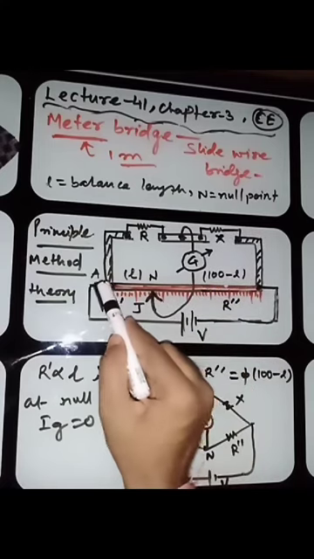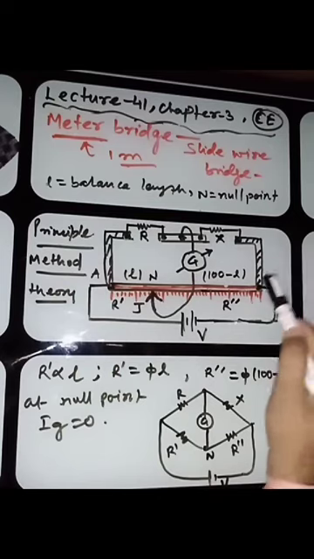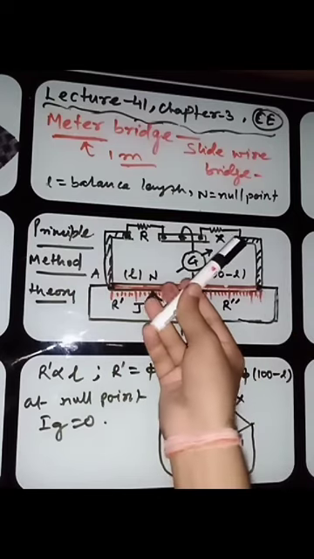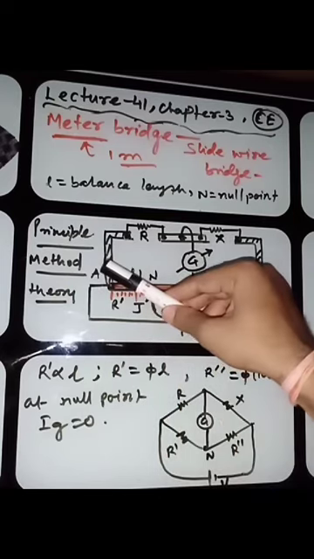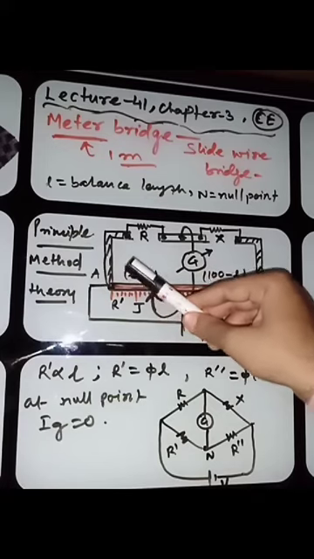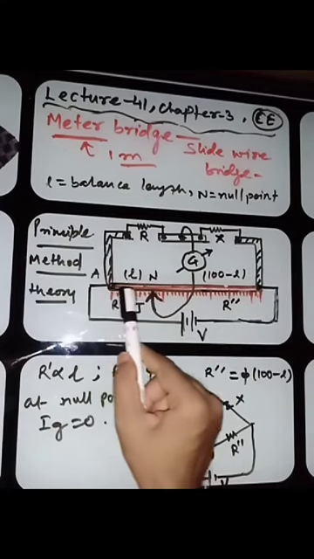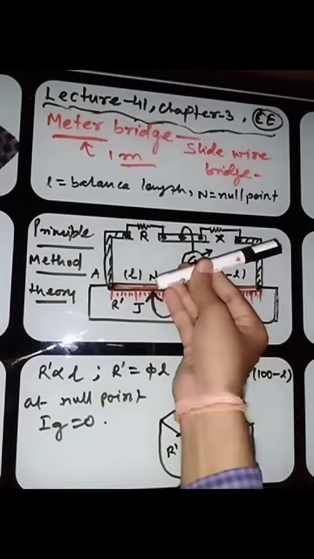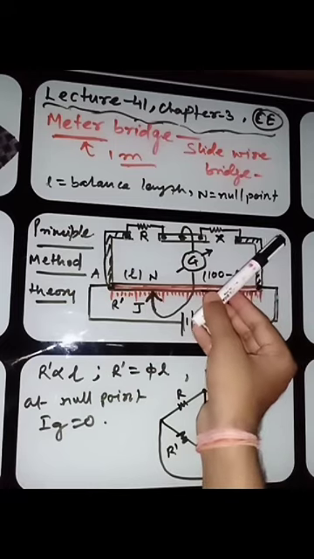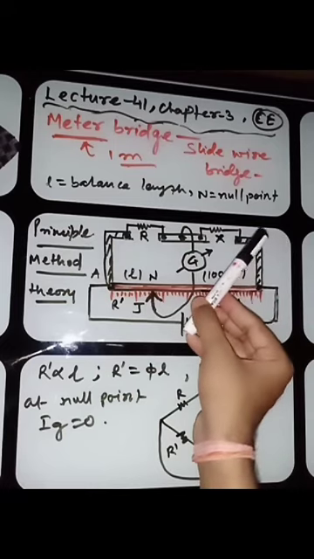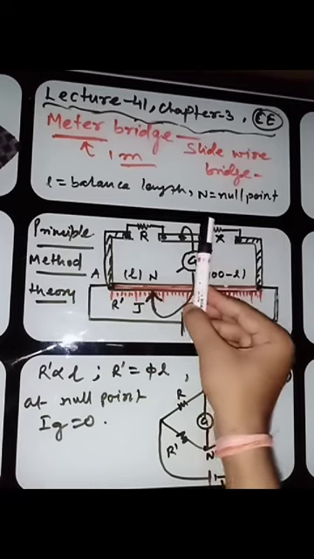When you put this jockey from here to this point, you will find the deflection in the galvanometer on the other side. Remember, what does it mean? If the pointer goes to the other maximum end, it means that somewhere the galvanometer reached the null point also.